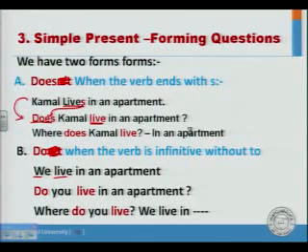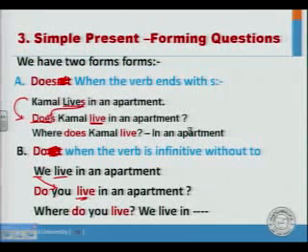And by the way, when the subject of the main sentence is we, when you form a question, change we to you. Change I to you in the question. Do you live? This is for a yes/no question.